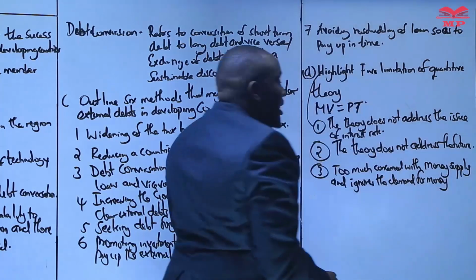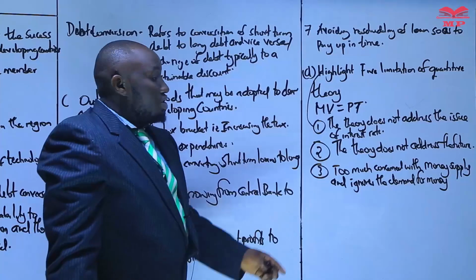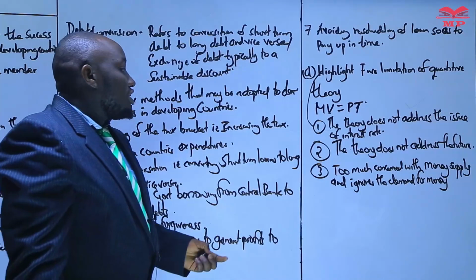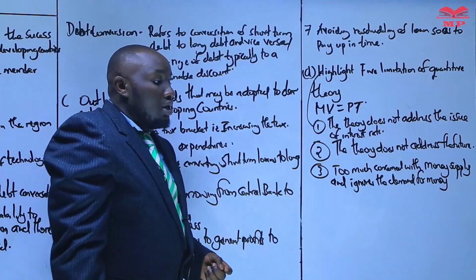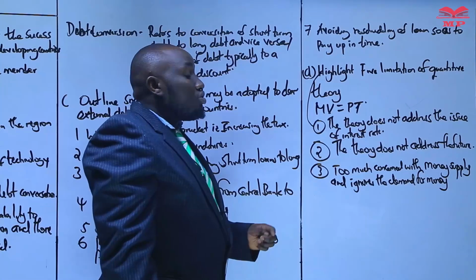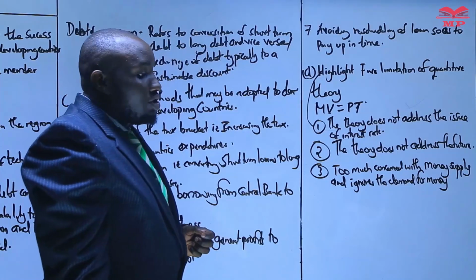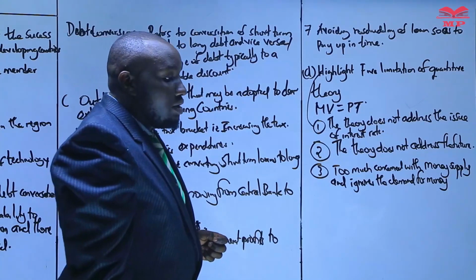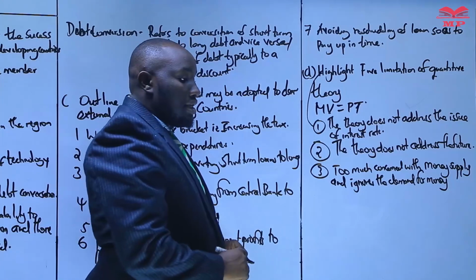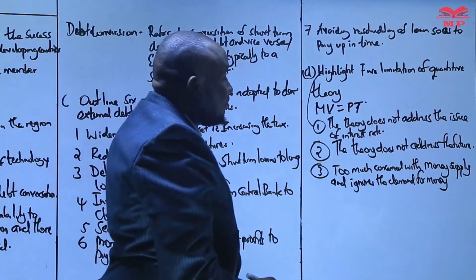When you look at the formula, money supply times velocity equals the general price levels times the number of transactions. So this theory focuses on the supply of money, but ignores the demand for money.